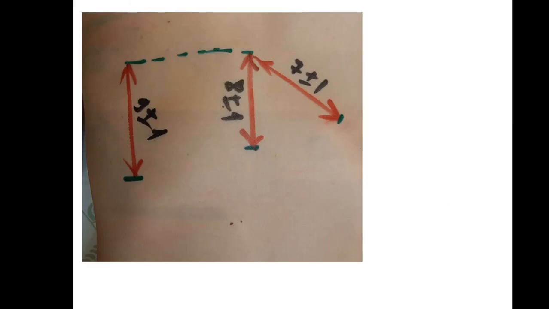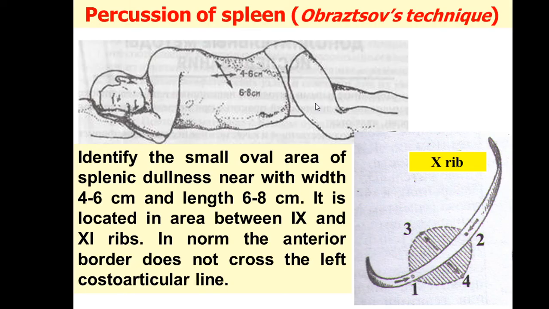Again, what we detect in our patient: by mid-clavicular line 9 plus minus 1 centimeter, by the anterior midline and oblique line. Percussion of spleen.